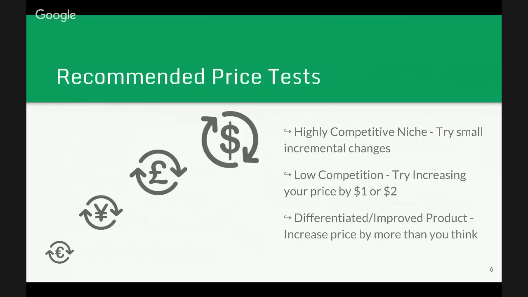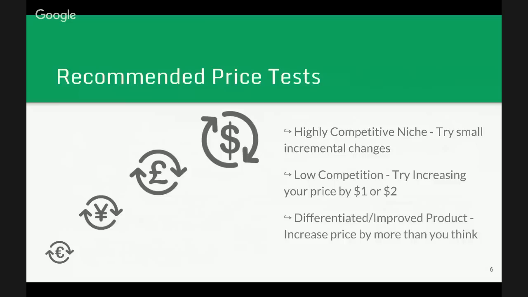So what type of price test do I recommend? If you're in a highly competitive niche, a very mature niche with lots of competitors that have similar products, what we recommend is to try small incremental changes. If you're in a lower competitive niche, maybe you only have a few competitors, or your product's a little bit different, then I would try increasing your price by $1 or $2 or $3.